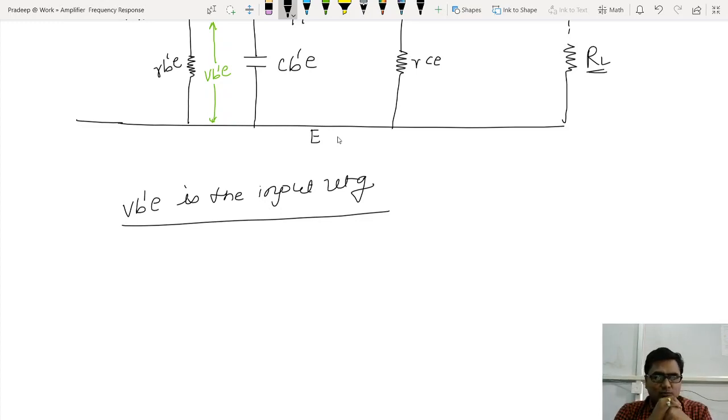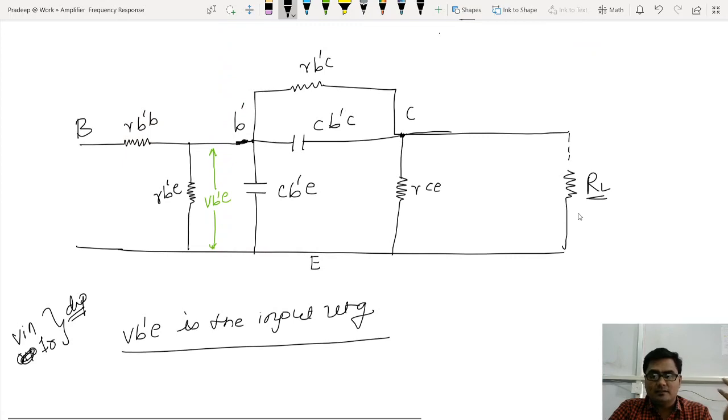Now I'm showing the input voltage. Somewhere I need to show the output current also. Why? Because the input voltage and output current are dependent quantities. One dependent quantity I am showing, Vb'e. Another dependent quantity, the output current, I need to show. But how to show the output current? I just have a collector terminal.